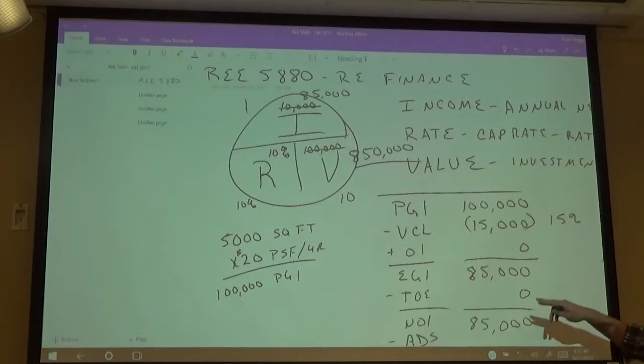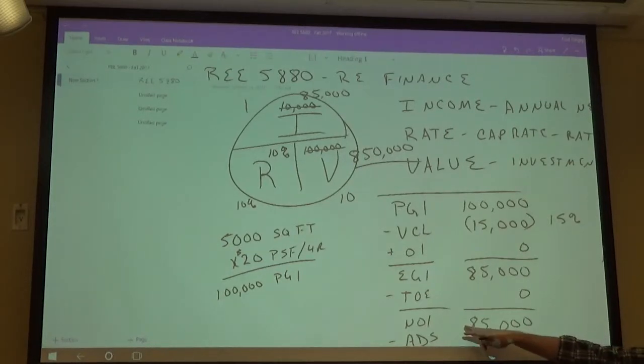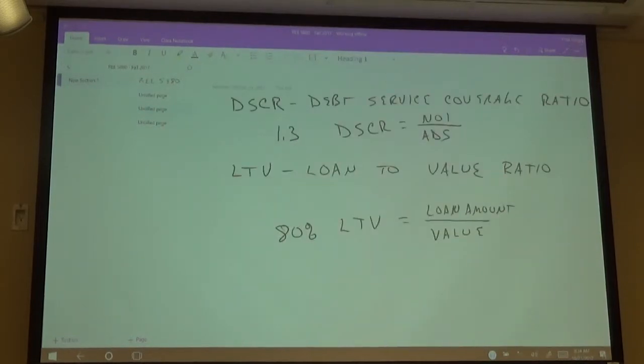On this particular property, if we continue with this example, we have net operating income of $85,000. If we put in $85,000 as our net operating income, and we know that our debt service coverage ratio is 1.3, then what we're left to solve for is our annual debt service.